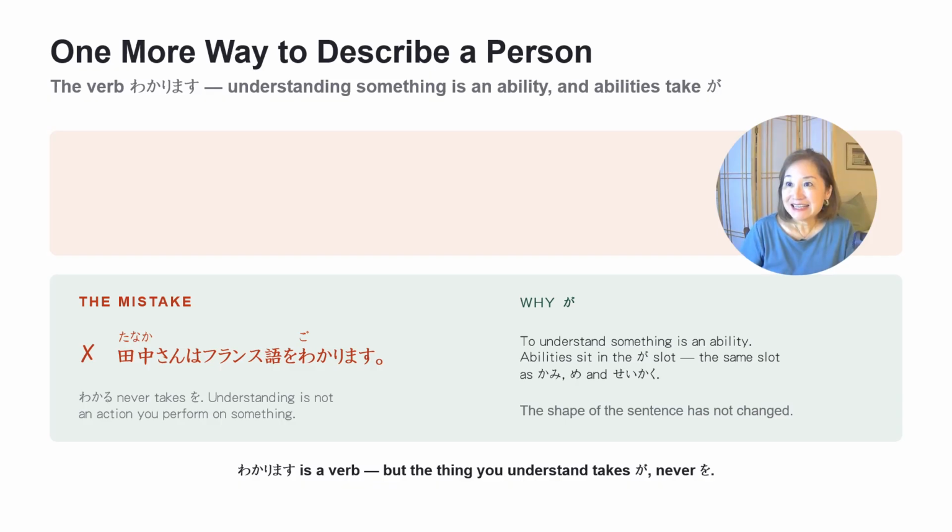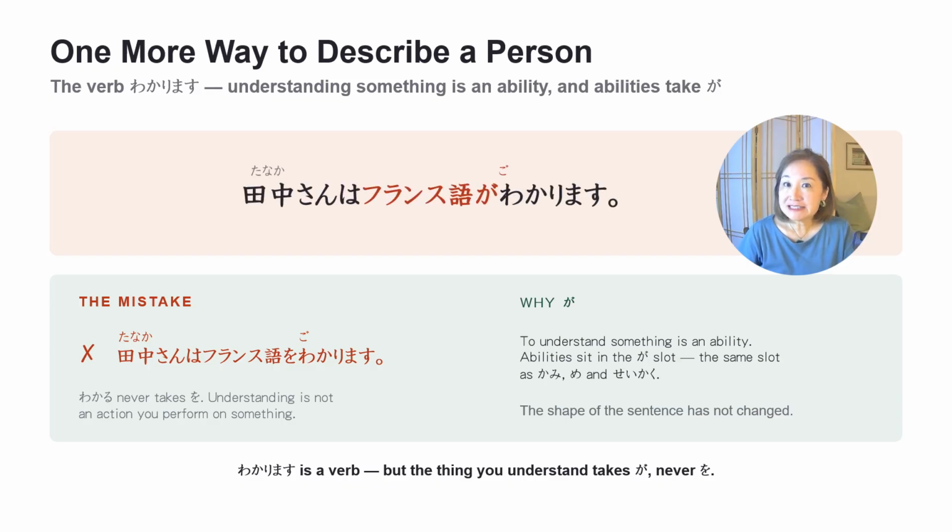Let me show you one more way that you can use this pattern. So far we've used X は Y が plus adjective です to describe things like physical features, personality, and abilities. But this pattern can also be used with a verb you already know. わかります, to understand.